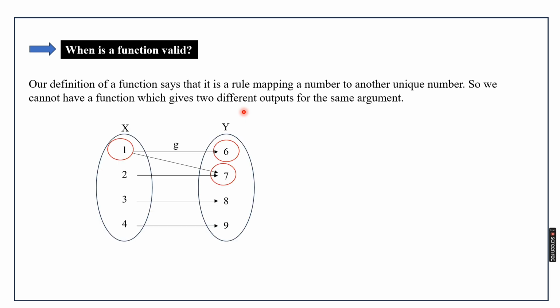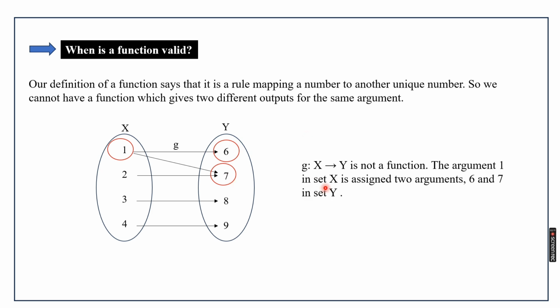This is our previous example. This is set X. In the set X there are four numbers. They are not only four, it is a set of real numbers, but we listed only four for ease of understanding. And in Y, 6, 7, 8, and 9. The number 1 maps to two numbers in the set Y, 6 and 7, which means it's not a function.